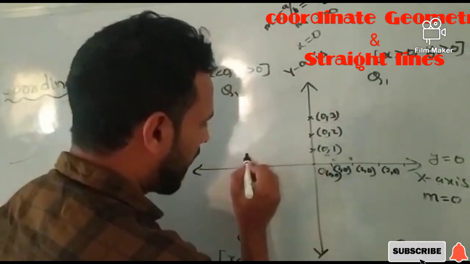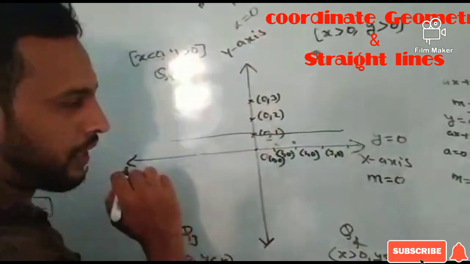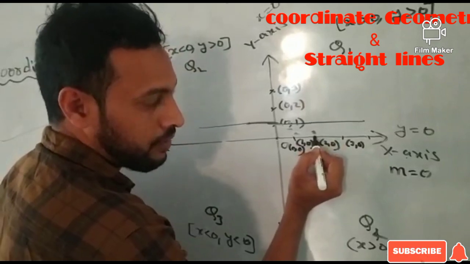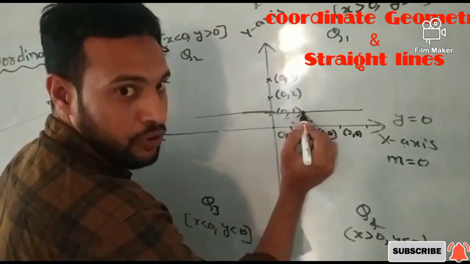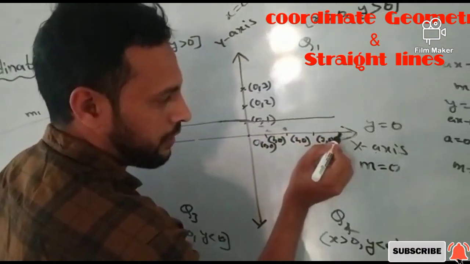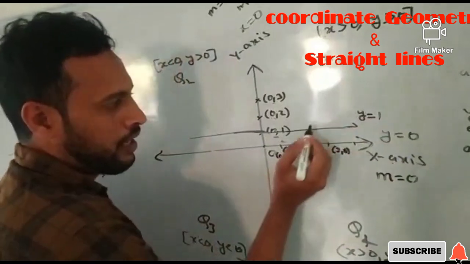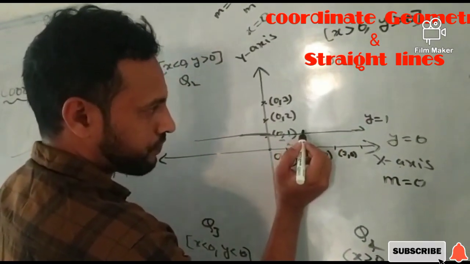See here, I am drawing a line that is passing through the point (0, 1). This line is above the x-axis and parallel to the x-axis, 1 unit above the x-axis. So the equation of this line is y is equal to 1.